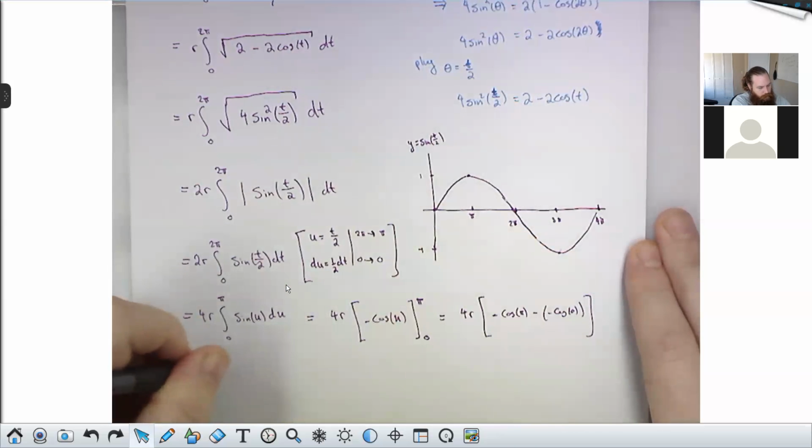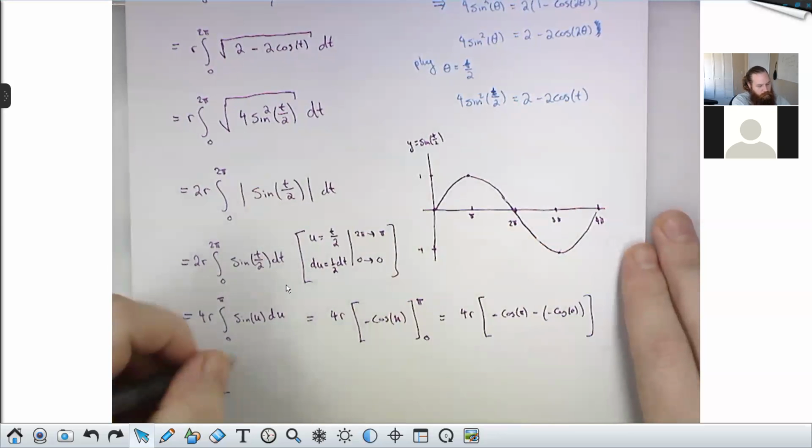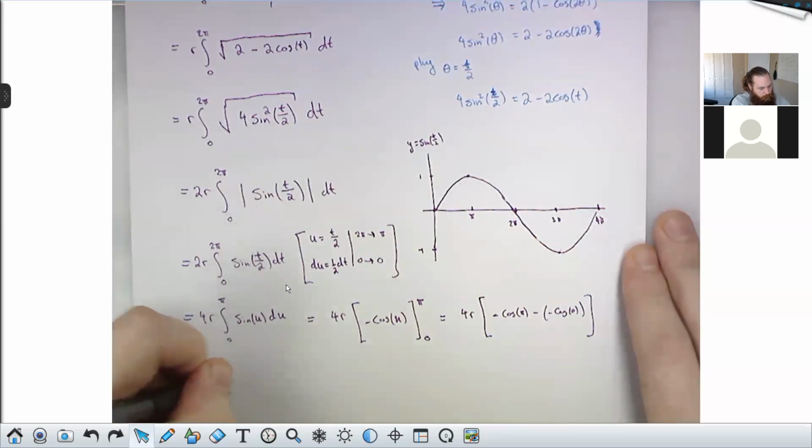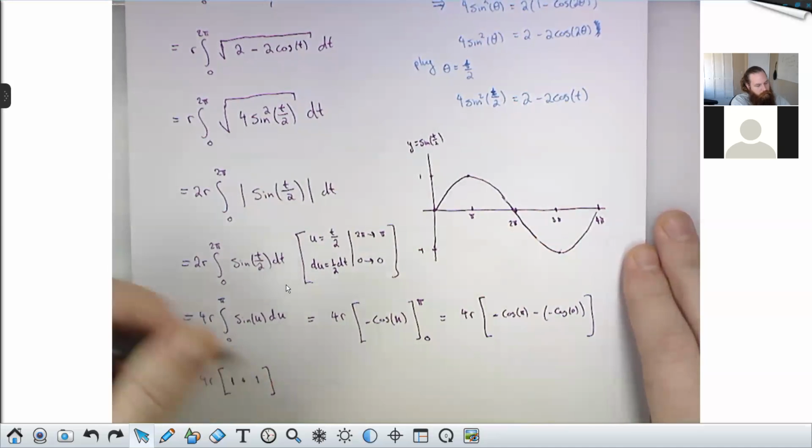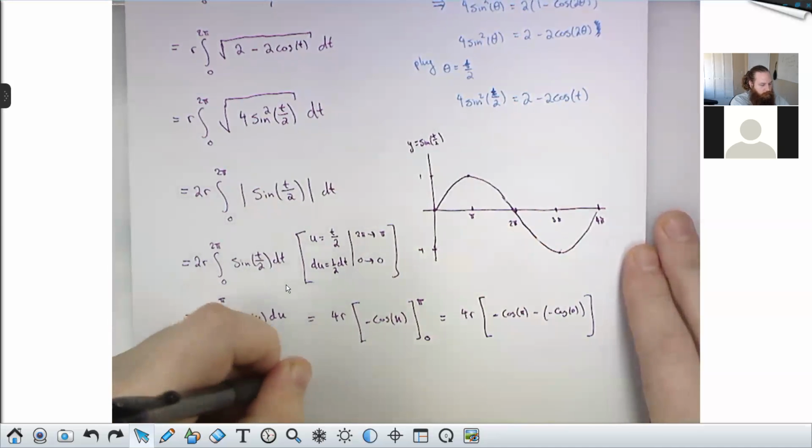That's 4r times, the cosine of pi is -1, so that's -1, which is 1, plus the cosine of 0, which is 1. So we get 4r times 1 plus 1, that's 8r.